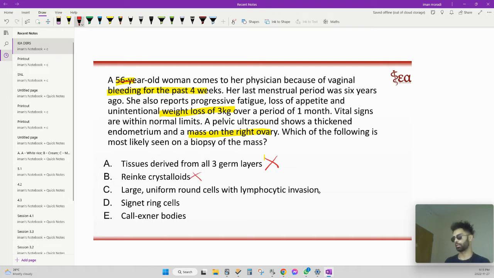So it's not that. Large uniform round cells with lymphocytic invasion, I don't know what this is referring to exactly. Signet ring cells: this is the diffuse adenocarcinoma of the stomach, and it gives you a bilateral ovarian metastasis through seeding.